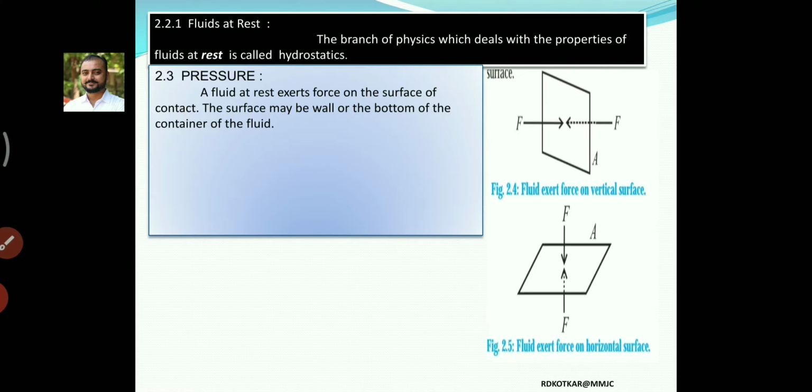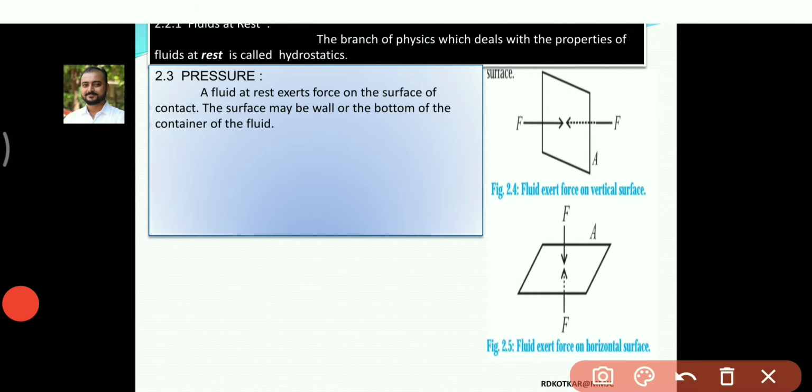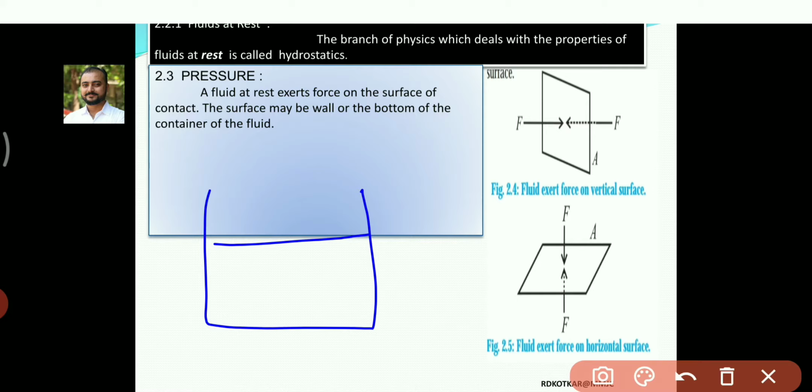You can see this diagram. Before that, I will show you a sketch like this. Suppose this vessel contains a liquid, so this liquid can exert force on the wall.